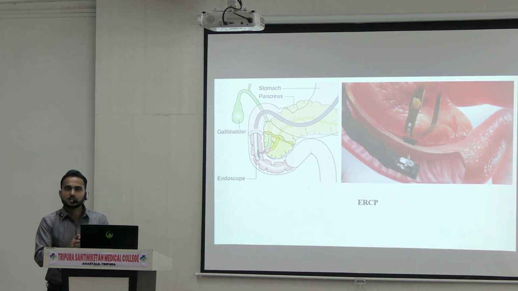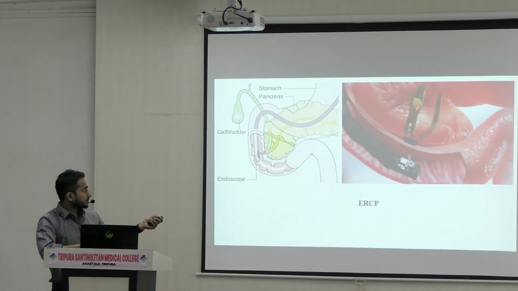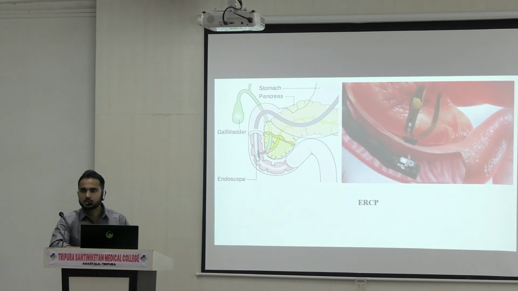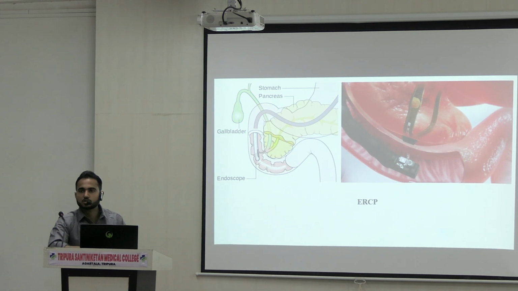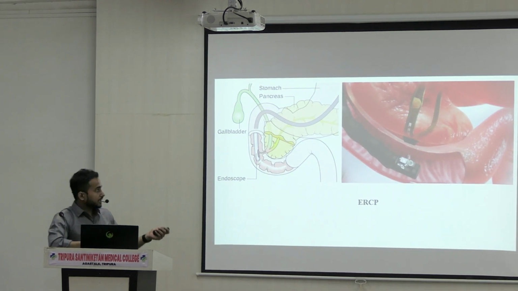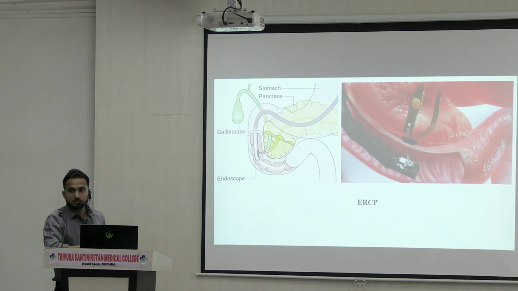So if any blockage or stricture is there, that can be diagnosed easily, as you can see in this diagram. If any blockage is there due to a gallstone, that can also be diagnosed easily. So that is ERCP, endoscopic retrograde cholangiopancreatography. So we'll go to the next. Now here you can see a gallstone lodged in the common bile duct, and it is obstructing the common bile duct.